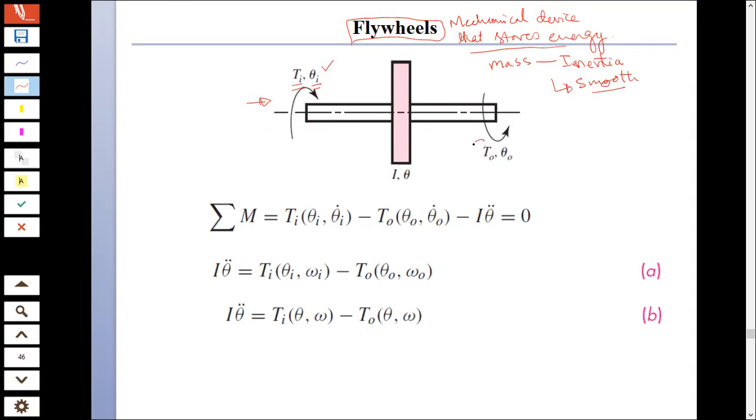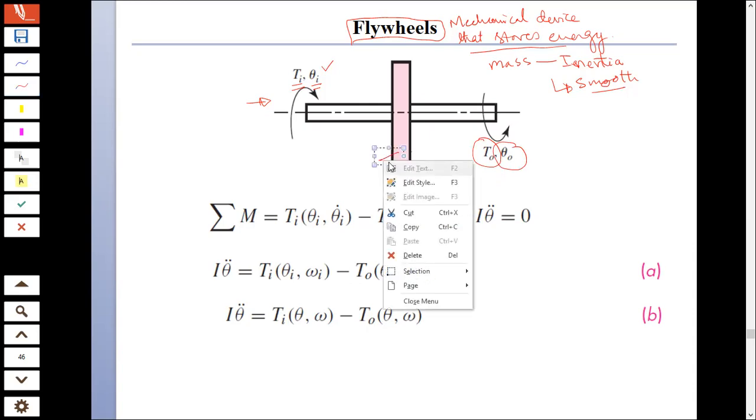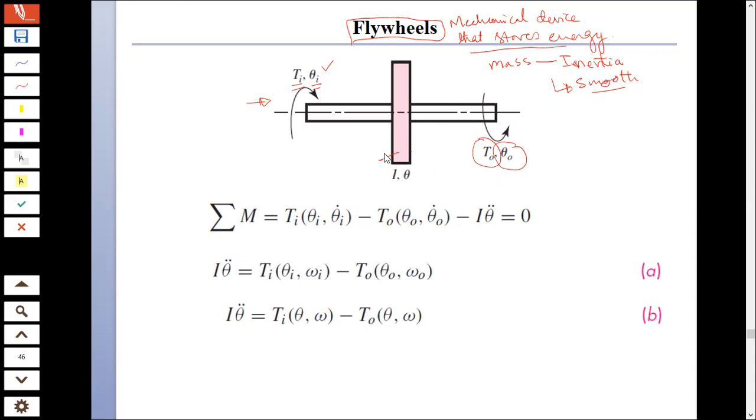The output torque is T naught, with the angular displacement at the output theta naught. And let's say that we have this mass that has inertia I and theta, right?